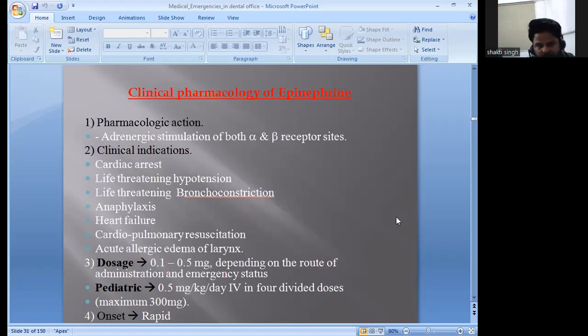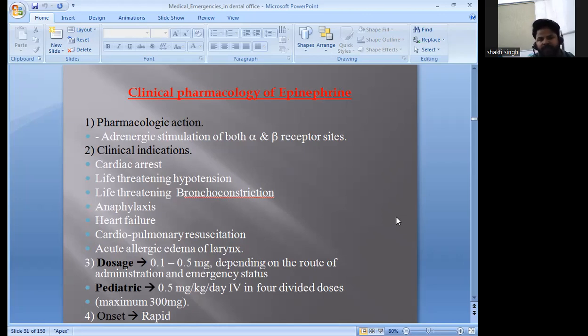Now, the clinical pharmacology of epinephrine: the pharmacological action is adrenergic stimulation of both the alpha and beta receptor sites. Clinical indication is mostly at the time of cardiac arrest or life-threatening hypotension, in case of life-threatening bronchoconstriction, in cases of anaphylaxis, in case of heart failure, in cardiopulmonary resuscitation, as well as acute allergic reactions such as edema of larynx.